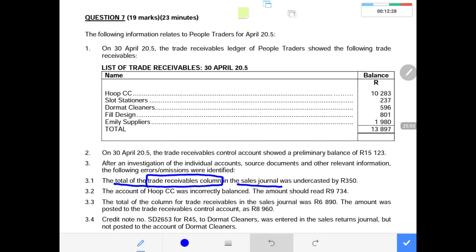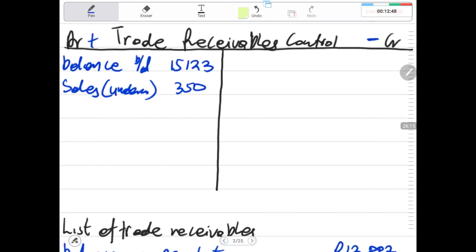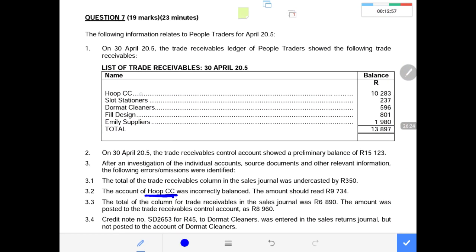So now we go to the next one. The next one is number 3.2. Number 3.2 says the account of Hoop Close Corporation. The minute they tell you the name of the customer, that means the correction must be done under the list of debtors, because under the list of debtors, that is where we have the names of the account customers, meaning these are the names of the debtors that we have.